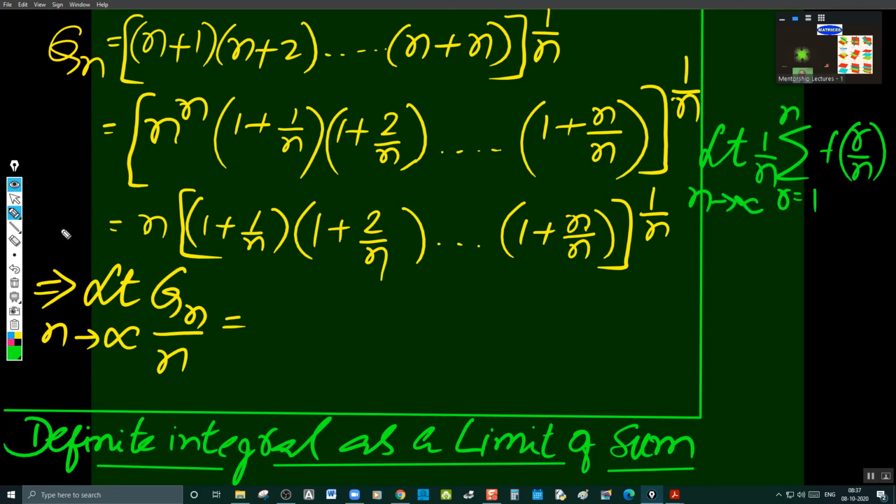Are the letters clear to you, please? Yes. Is equal to integral 0 to 1 f of x dx.